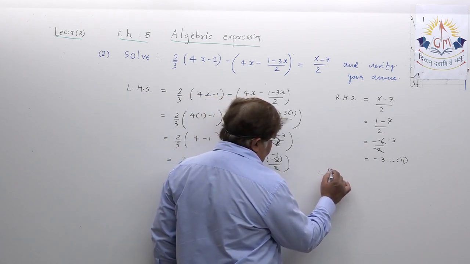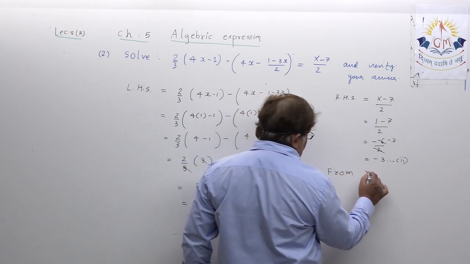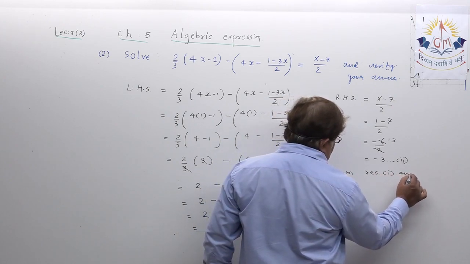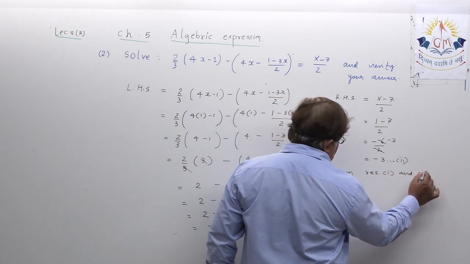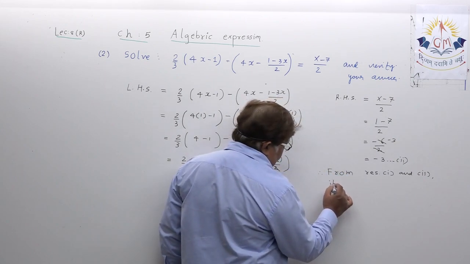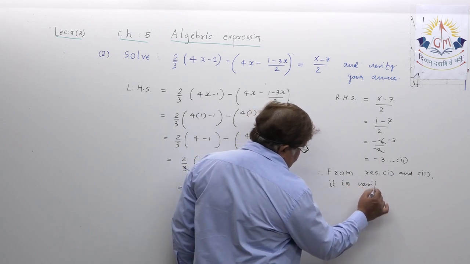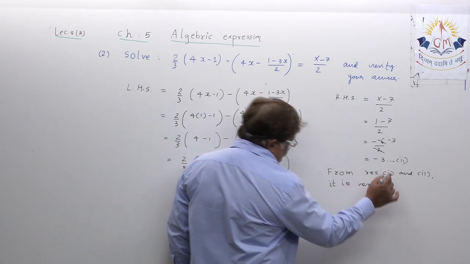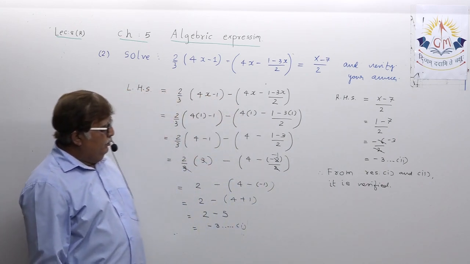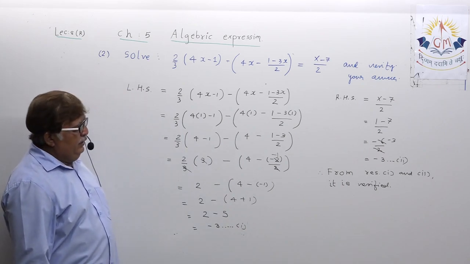Therefore, from result 1 and 2, it is verified. This is the way to write. From result 1 and 2, it is verified.